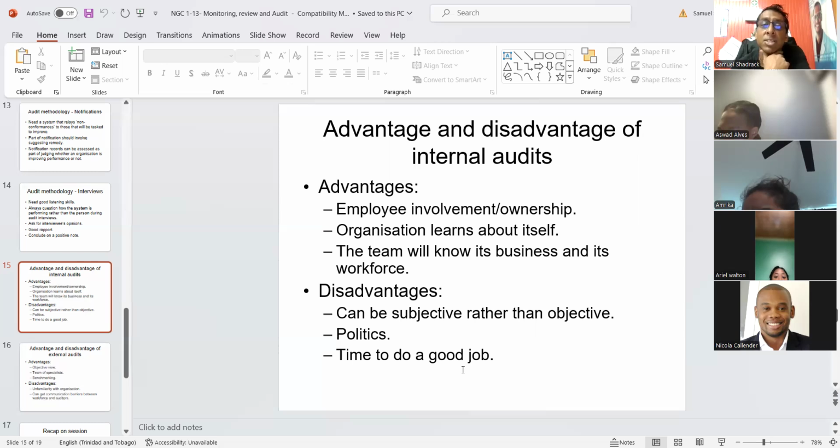What's another advantage of an internal audit? Because NEBOSH is not asking three, they're asking five. But the beauty is you all have Google and YouTube. You could just look it up. If you're in the class here, what do you think is another advantage or maybe a disadvantage of using your own employees to do an internal audit?